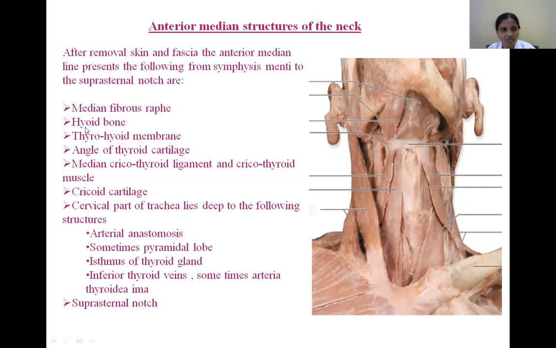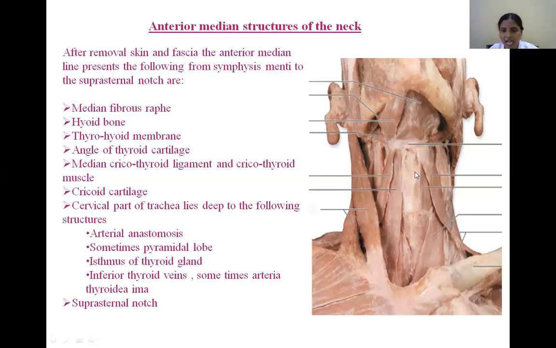And just beyond that, what is the structure? Hyoid bone, at the level of the third cervical vertebra. And between this hyoid and thyroid, there is a membrane, the thyrohyoid membrane. This thyroid cartilage we can identify in the midline at the level of the fourth and fifth cervical vertebrae. And beyond that, what is the landmark I had told?